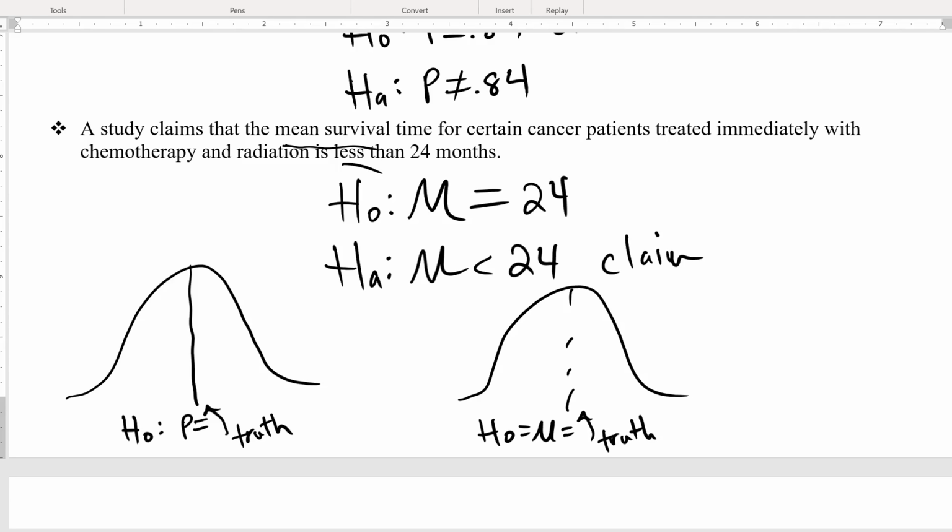And then what we do is we find the probability of either I get some p hat that's different or some x bar that's different, and I go, what is the probability of this occurring if the claim they made was the truth? If the number they claimed was the truth. Okay?